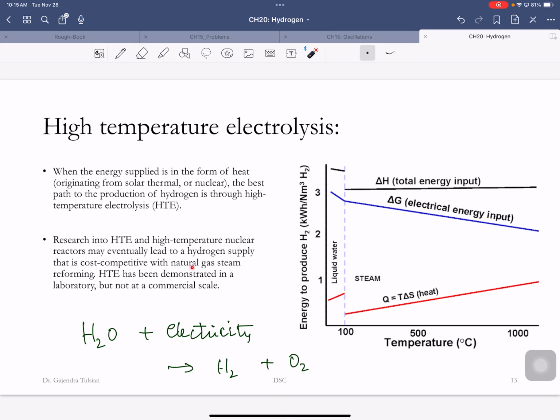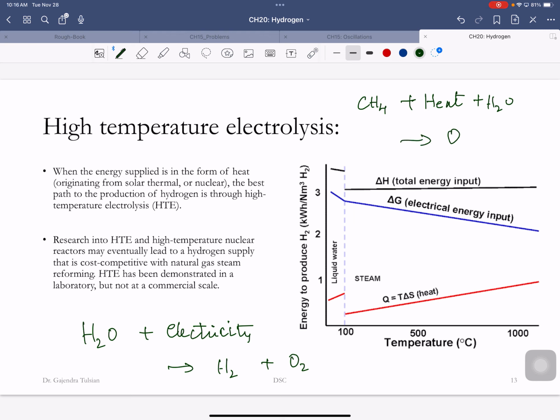Okay, right now, hydrogen is being produced with natural gas and hot steam. Natural gas is CH4. You can produce hydrogen using methane, heat, and water, I guess.